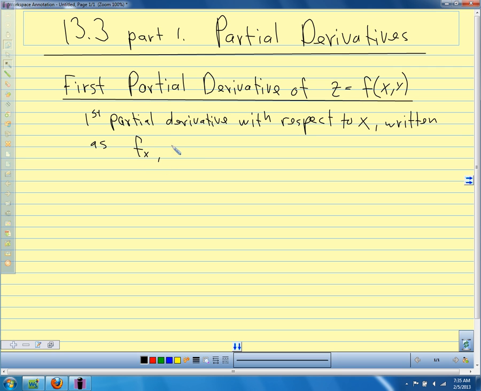We can also put our functional dependence in there, f sub x of x, y. We can write z sub x. All of these mean the same thing. And here's our new symbol: this curly d. We write curly d, d x of f of x, y. We can write curly d z, d x.